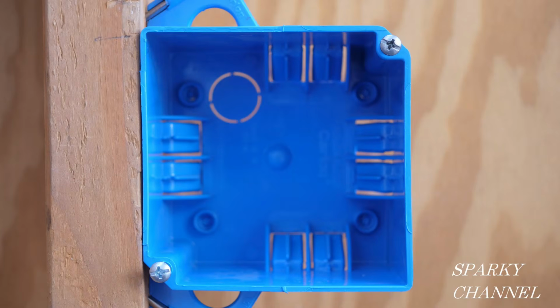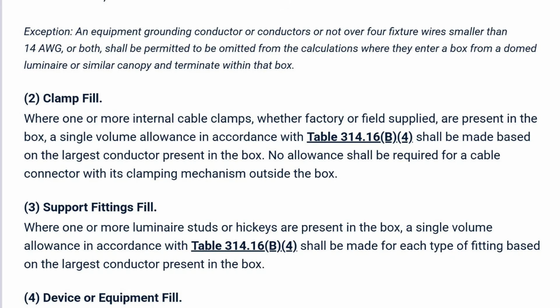How about the integral box clamps? So let's call these internal clamps. And let's see what the code has to say about internal clamps. Here we are at 2020 NEC 314.16(B)(2), clamp fill, where one or more internal cable clamps, whether factory or field supplied, are present in the box.